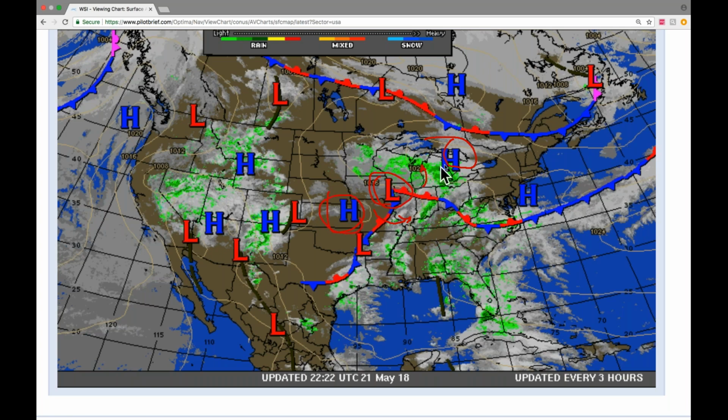So what's happening is this is rotating clockwise and it's picking up all this lake effect right here and just cycling it. And because this is where the storms are converging, or this is where the two pressures are converging, you can see that we're developing weather in this area.